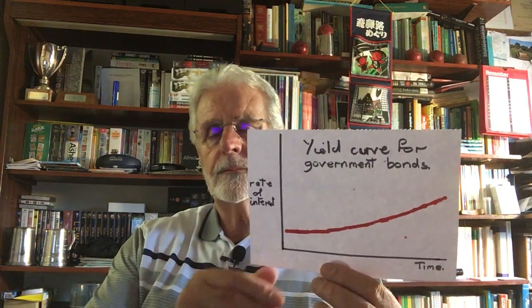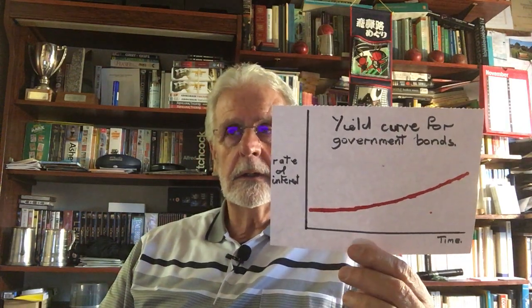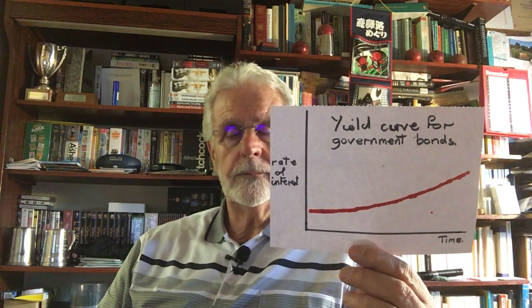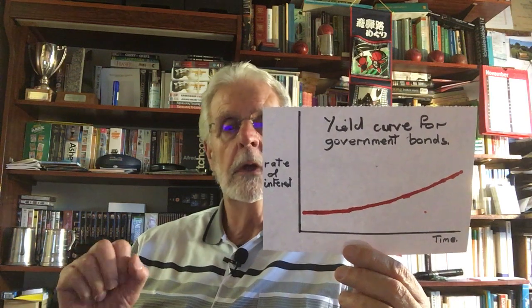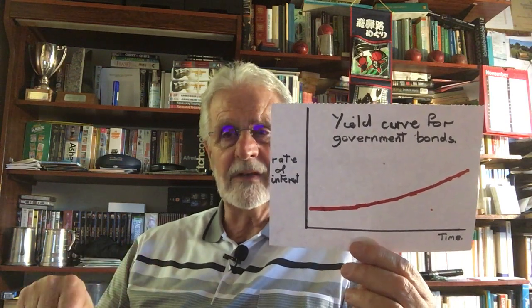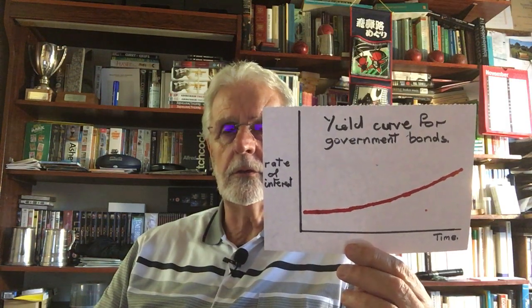Now the other area, still with interest rates, where there tends to be a little bit of confusion, is between the yield curve and the structure of interest rates. Now the yield curve is something like that under normal circumstances, and the yield curve tells you the yield, dividend, rate of interest, whatever you want to call it, on the same asset, let us say government bonds, with different dates to maturity.